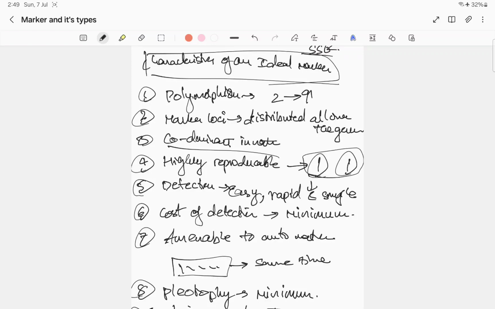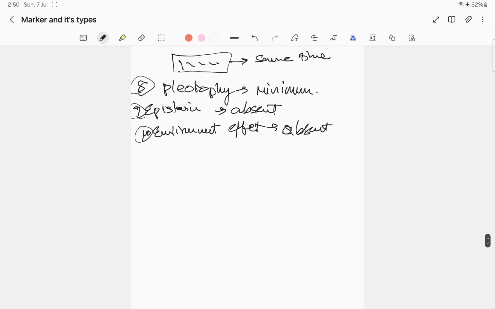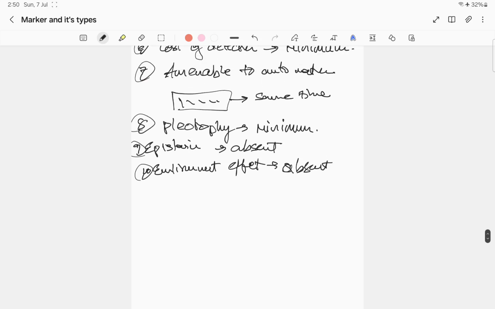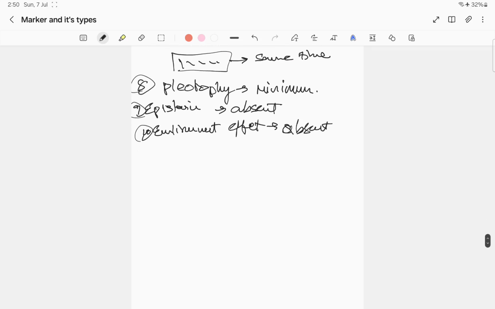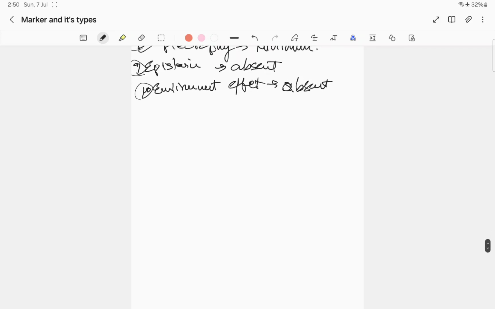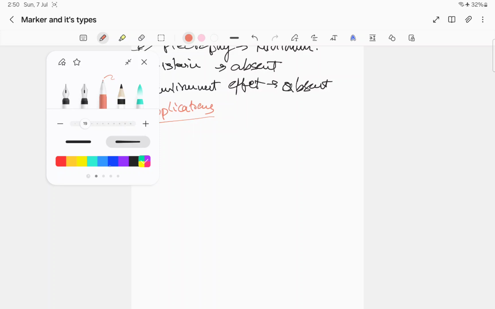Next class we will discuss each marker clearly, or we can discuss the applications in this class only, and then from next class we can go to the molecular marker systems and different types of markers. Now we'll discuss the applications where these markers are generally used.